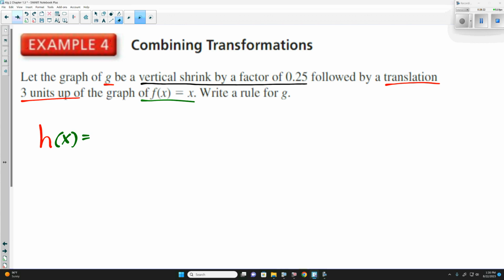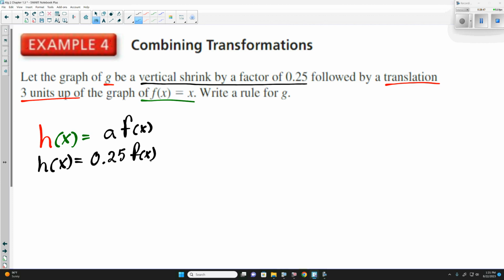Now looking at this here, what is the first transformation that we have? A vertical shrink by a factor of 0.25. So that's our a times f of x. In this case, our value of a is 0.25. Our function f of x is just x.